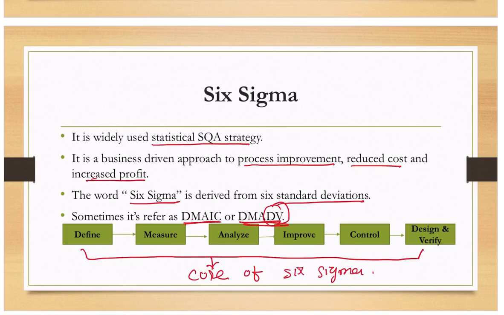If an improvement is needed to existing software, then there are two additional methods in Six Sigma, that is improve and control. Improve: by eliminating the root causes of defects, the process can be improved, and in control, the process can be controlled in such a way that the causes of defects cannot be introduced, right?